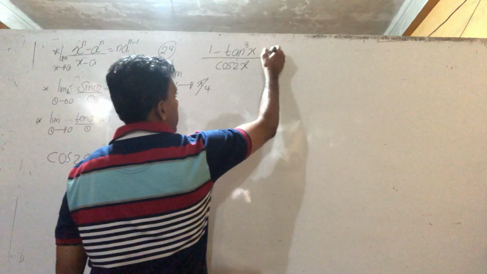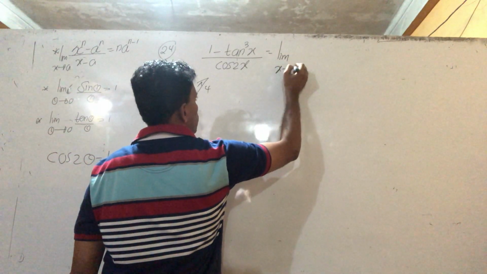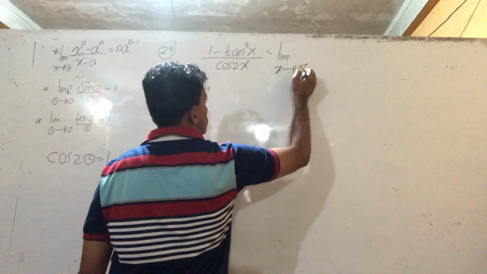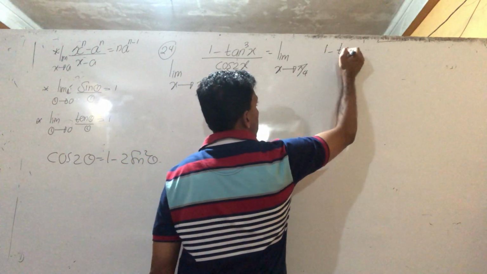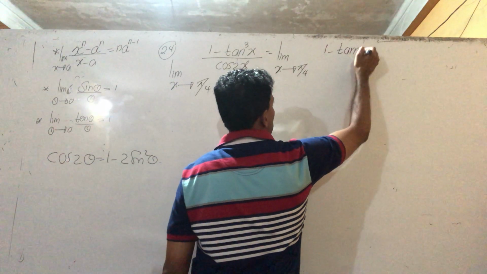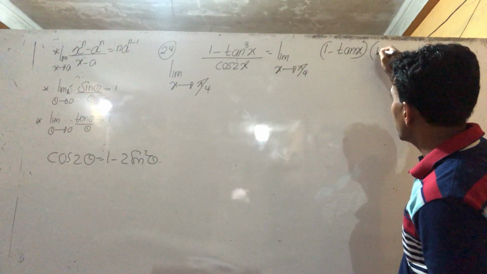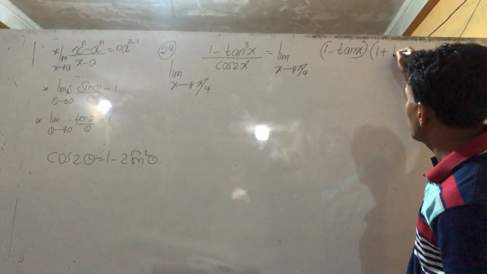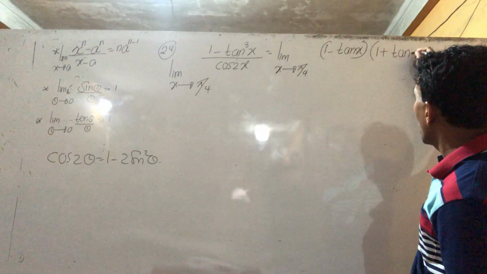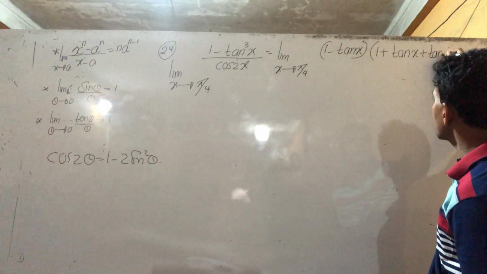So the limit as x tends to pi by 4, factorize 1 minus tan x, a minus b, and the other factor is 1 plus tan x plus tan square x.